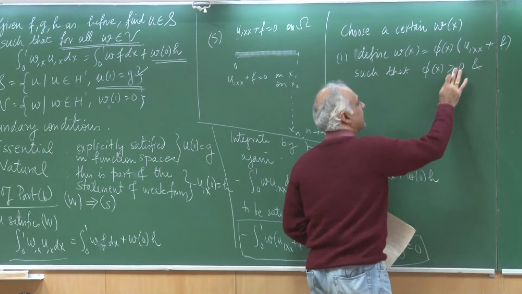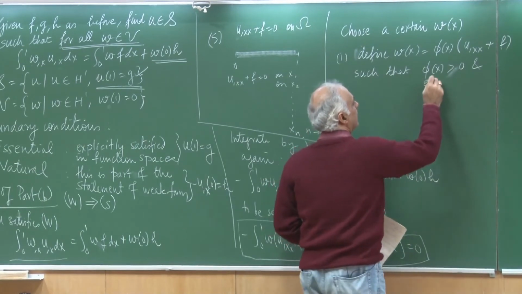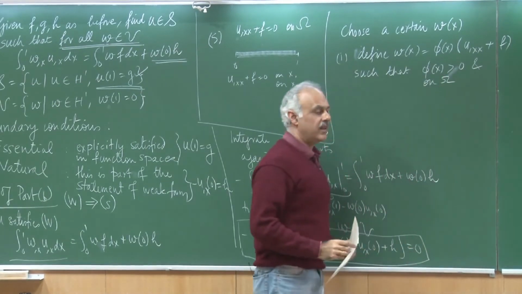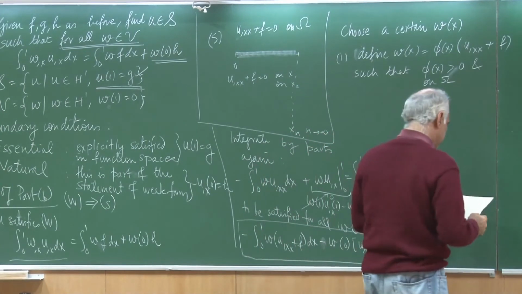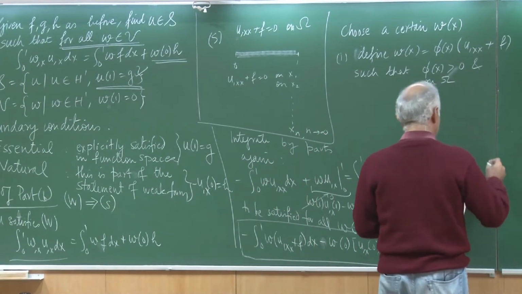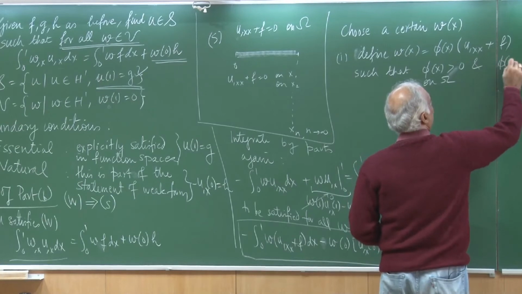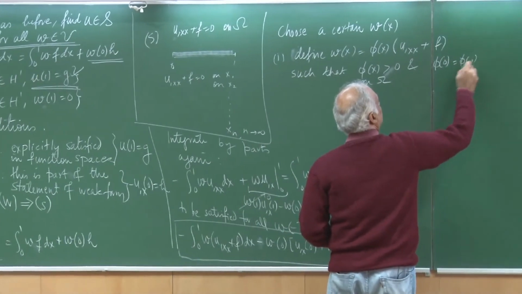In fact, it is strictly greater than 0 on omega, and at the boundaries I would like it to be 0. So, phi 0 is equal to phi 1 is 0.